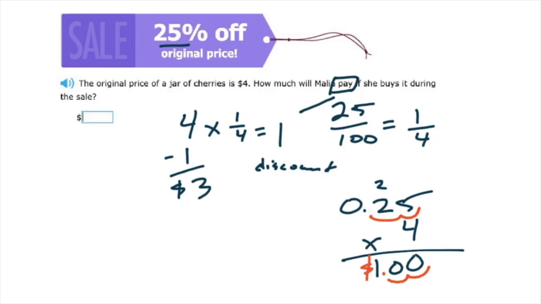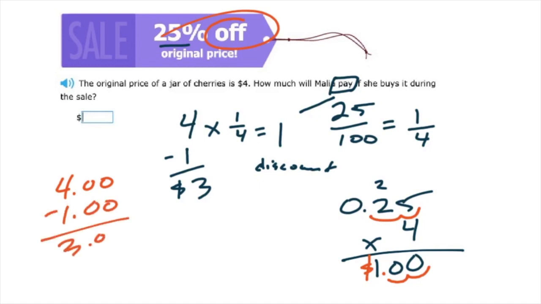Now remember, that's the discount. That's not the total price she's going to pay, because as you can see right here, it's 25% off the total. So again, we would do our $4 minus $1, which tells us the total price is $3.